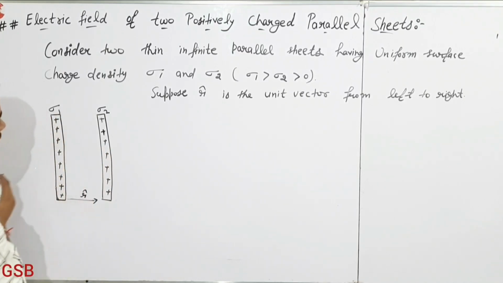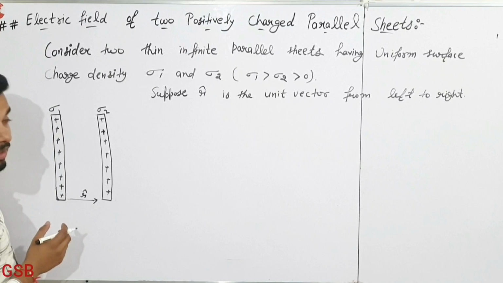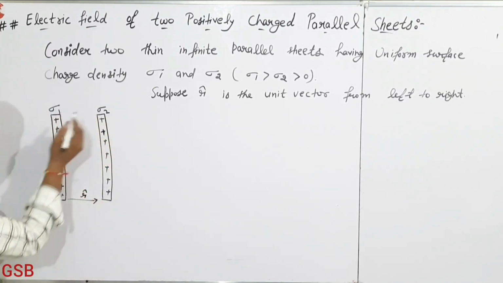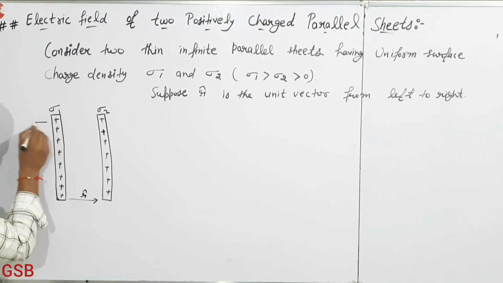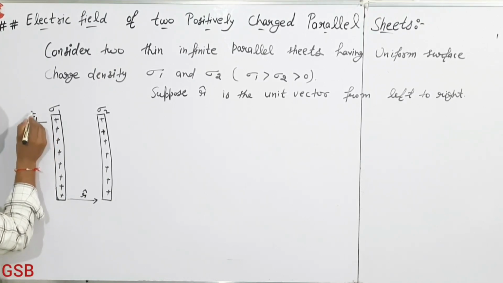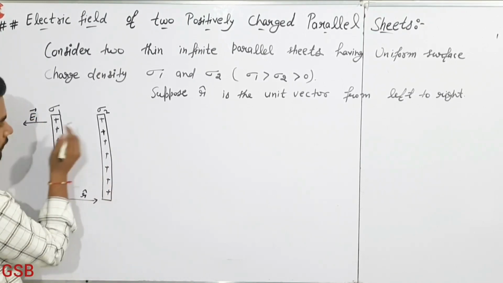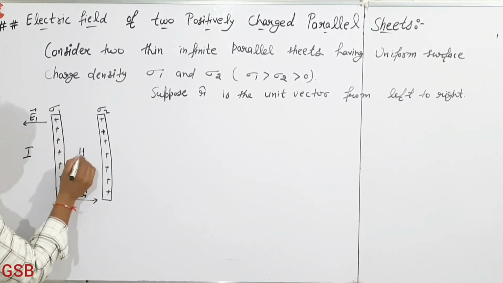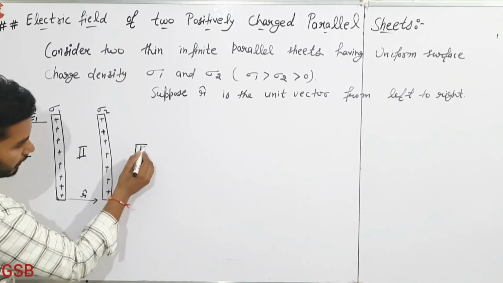So for surface charge density sigma 1, let me consider the electric field is represented by E1. In this region E1 is from right to left. There will be a first region, a second, and a third region.